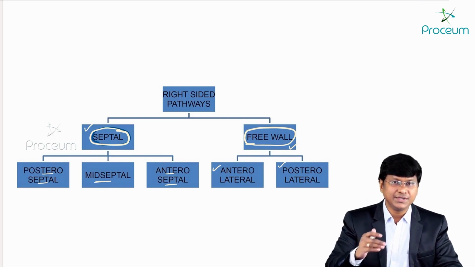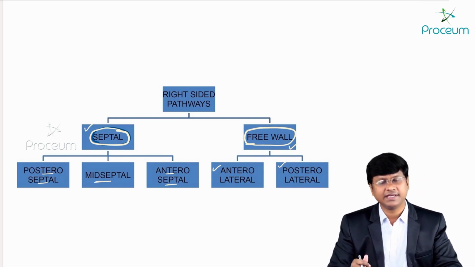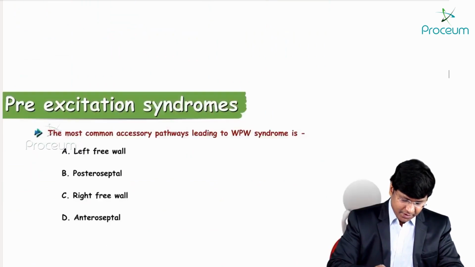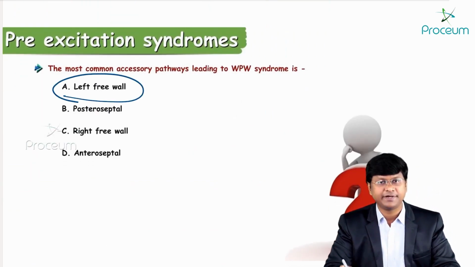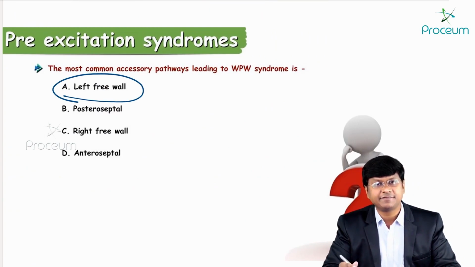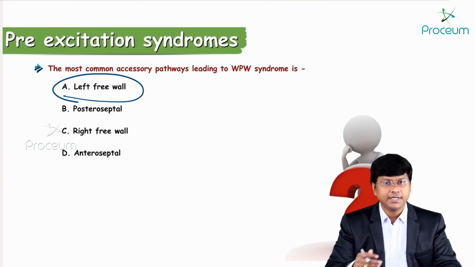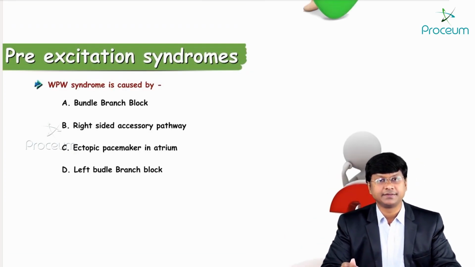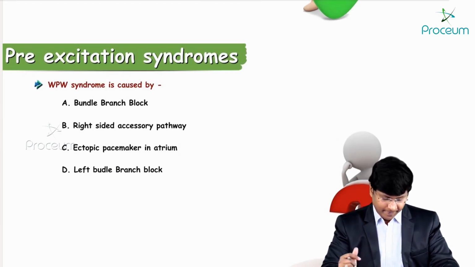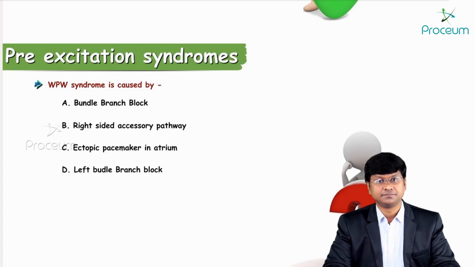So in the right-sided pathways or the left-sided pathways, what is the most common accessory pathway leading to WPW syndrome? It is the left free wall. Now you see the next question. WPW syndrome is caused by: bundle branch block, right-sided accessory pathway, ectopic pacemaker in the atrium, left bundle branch block.